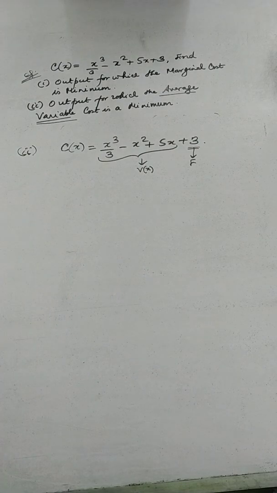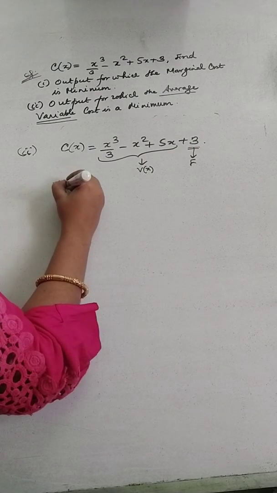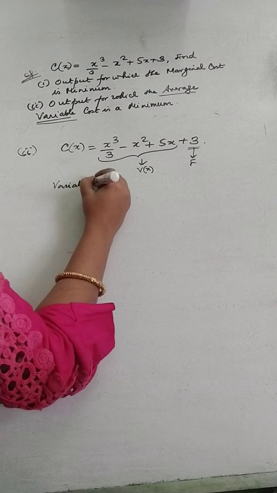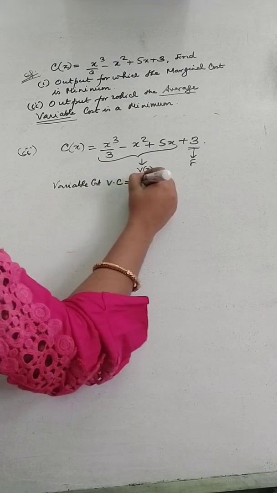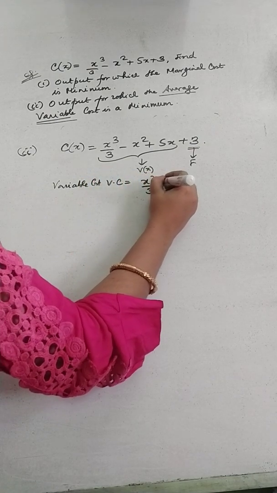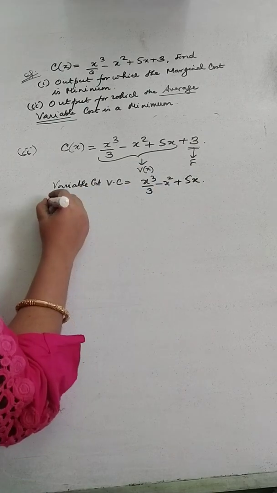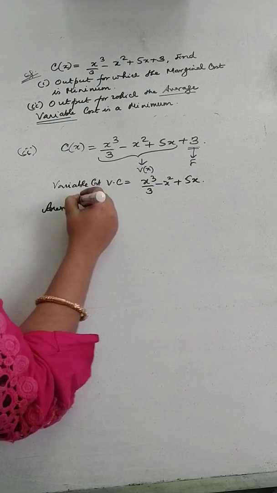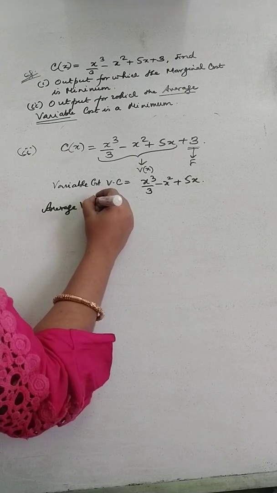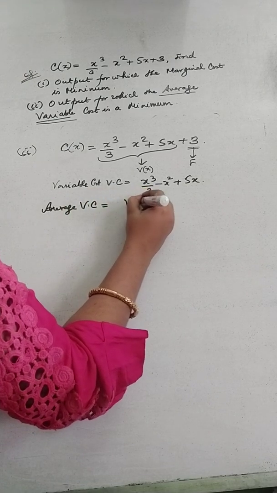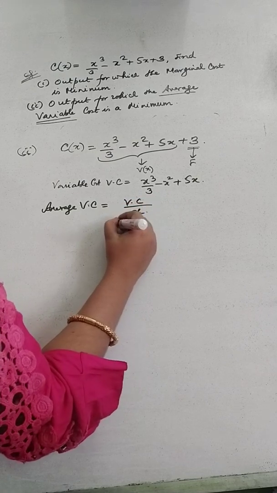So we'll write down the variable cost, VC, is this part, x cubed by 3 minus x squared plus 5x, so that the average variable cost that we need is actually VC by x.